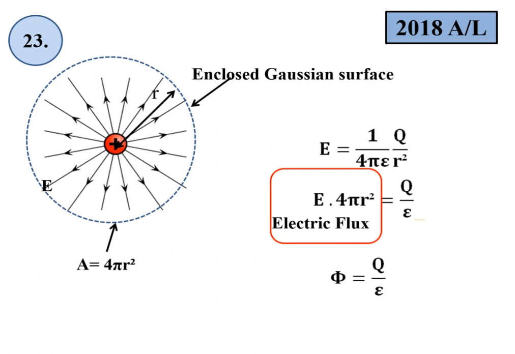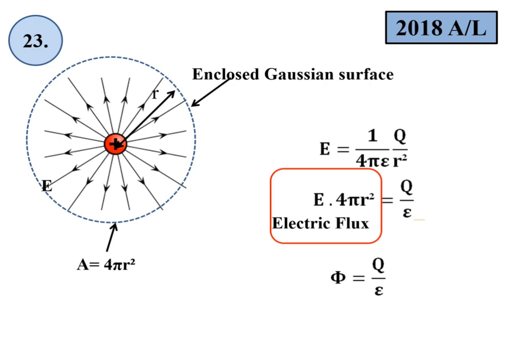If the charge inside a certain enclosed Gaussian surface is positive, then the flux is also positive. And if the charge inside an enclosed Gaussian surface is negative, the flux is negative. So we can apply that theory here.